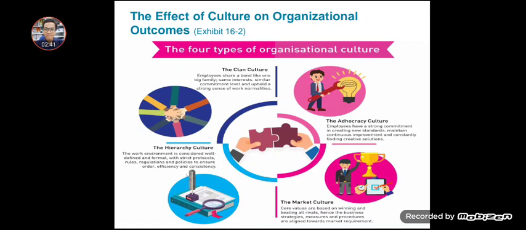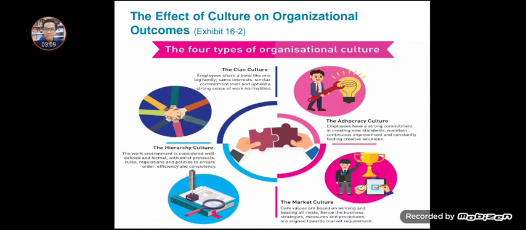The second type is the adhocracy. Adhocracy is a culture based on change. In this adhocracy culture, employees value growth, variety, attention to detail, stimulation, and also autonomy. The third type is the market.